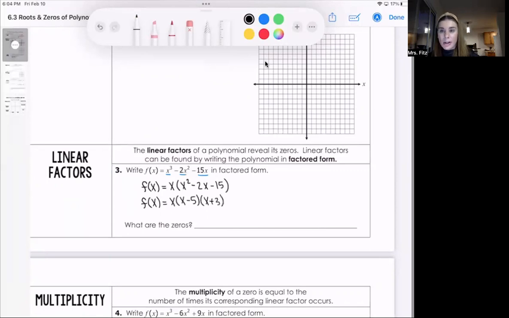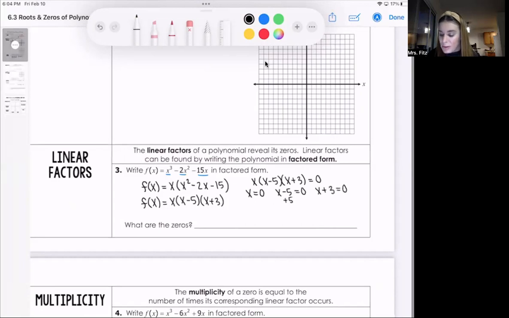Now to find the zeros, we want to know where this intersects the x-axis. So all we have to do is set it equal to 0. So x times x minus 5 times x plus 3 equals 0. From there, we can use what's called the zero product property. So either x equals 0, or x minus 5 equals 0, or x plus 3 equals 0.